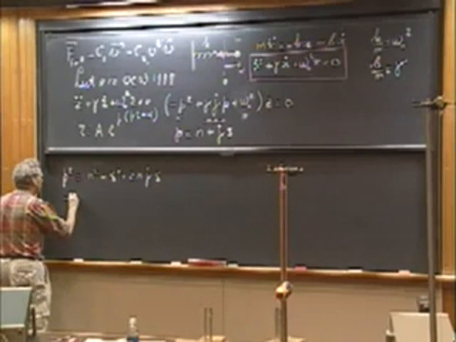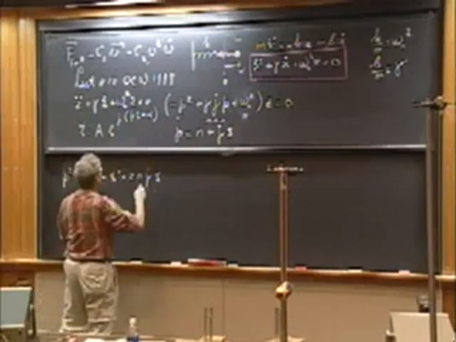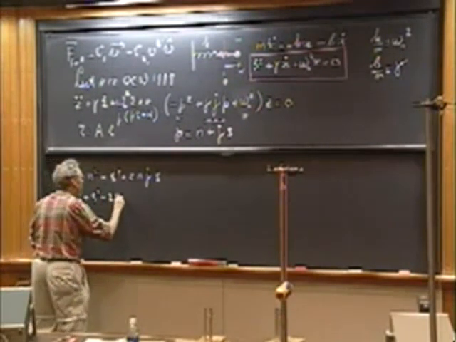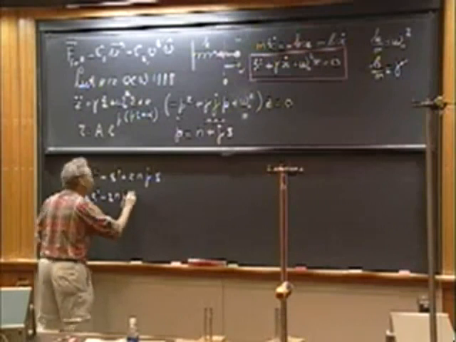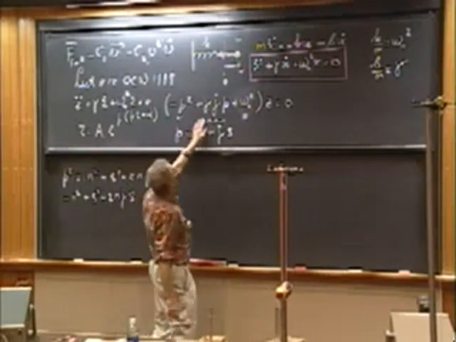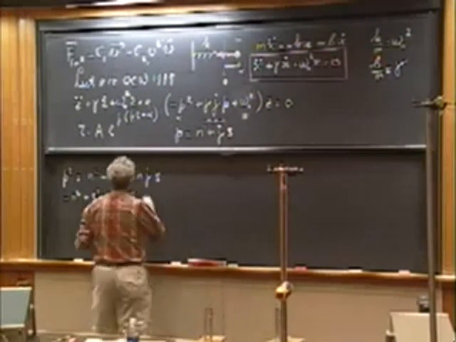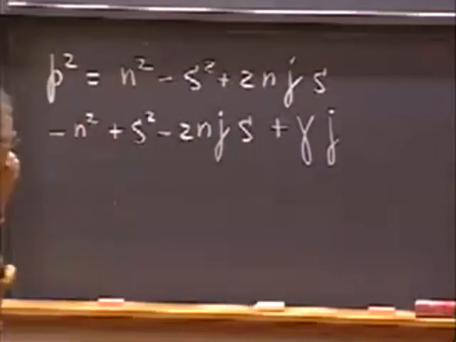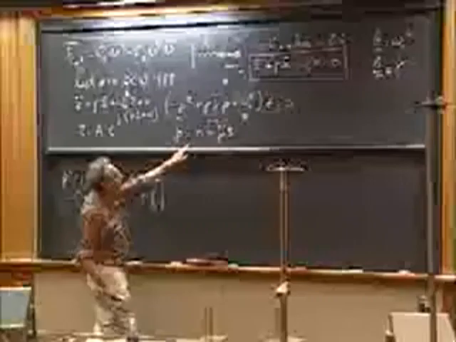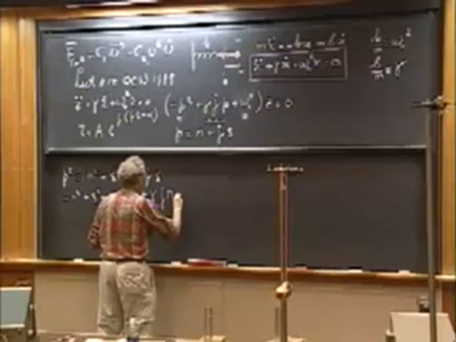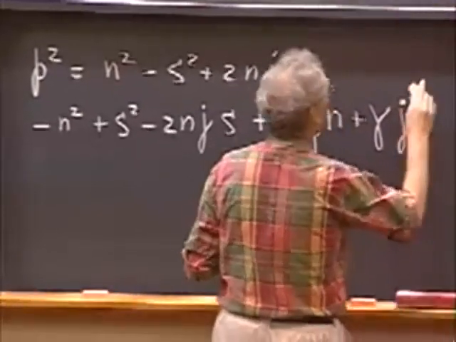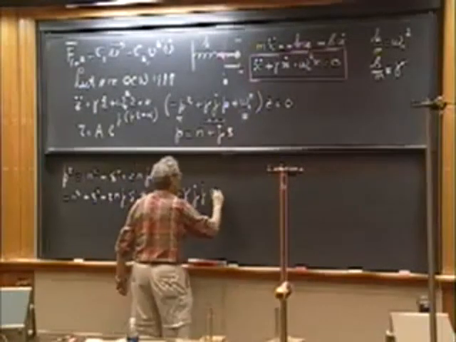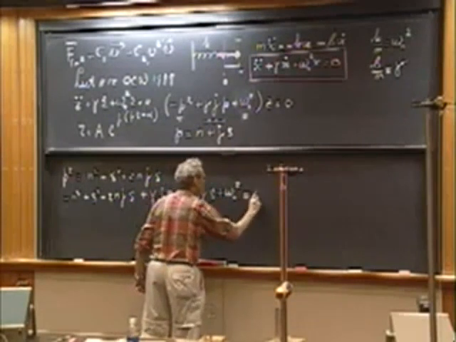So I get minus n squared, plus s squared, minus 2n j times s. So I'm done here. Now I get gamma jp, plus gamma times j, and now I have to multiply that by p, which is n, plus gamma times j times js. And then I have plus omega 0 squared, and this now has to be 0.